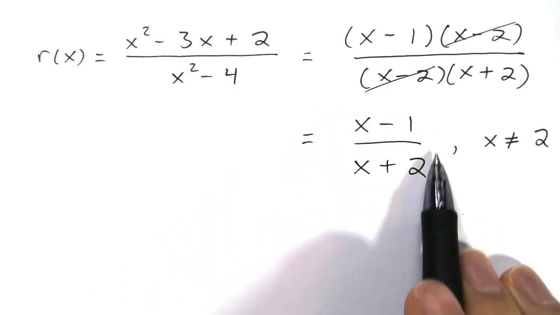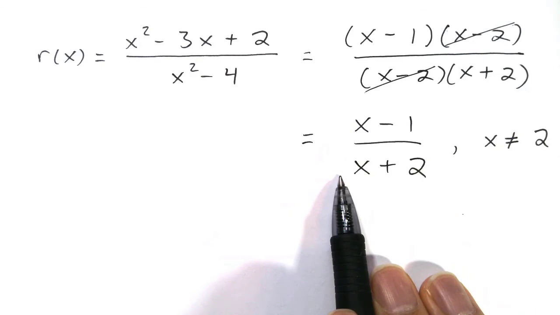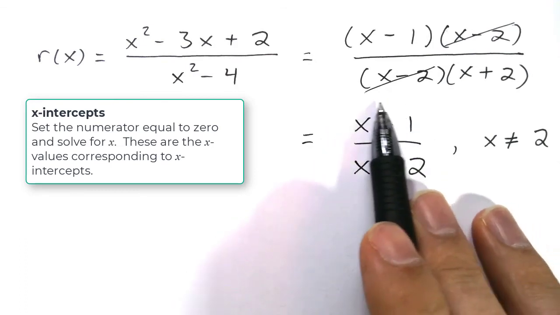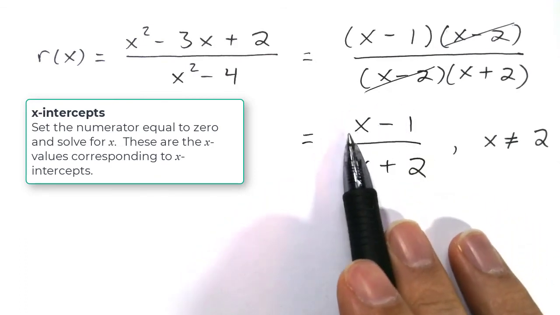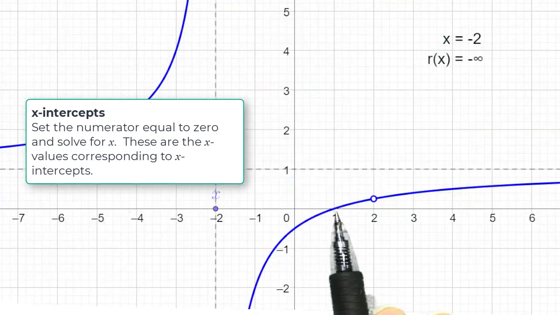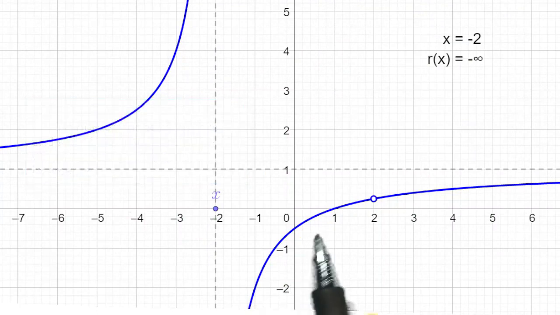So what could possibly make a fraction equal to 0? Well, the only way a fraction can be 0 is if its numerator is 0. So all we do is look at where x minus 1, in this case, is equal to 0. And that happens when x is 1. Now the x-intercept as a point is the point 1, 0. The y-coordinate will always be 0.